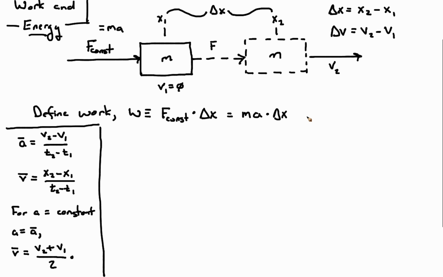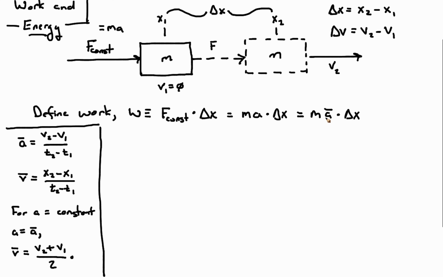The next thing is to recognize that, again, for an acceleration that's constant, the acceleration is the same thing as the average acceleration. So this is going to be mass times the average acceleration times the change in the position.